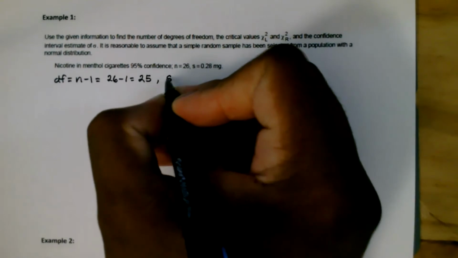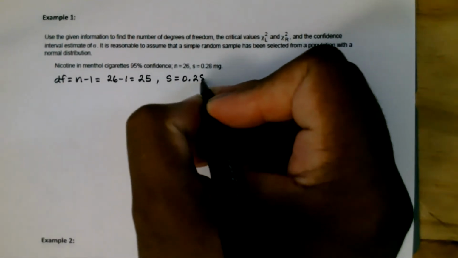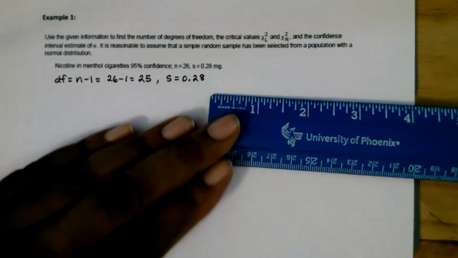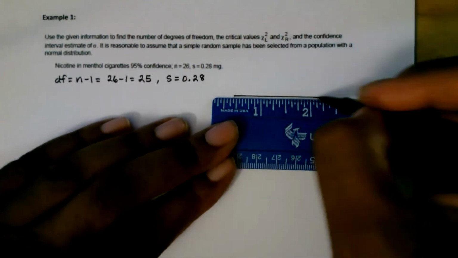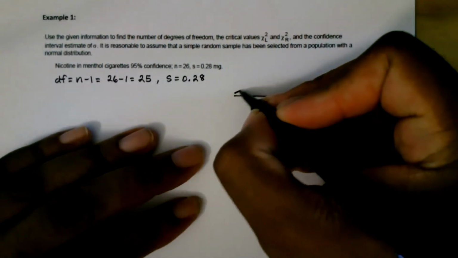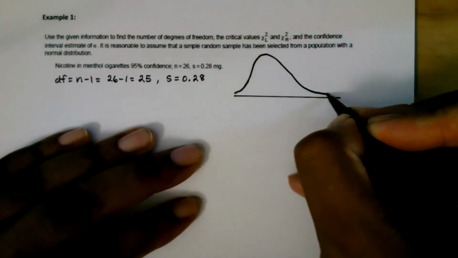And also our sample standard deviation is 0.28 milligrams. Now on the right side, I'm going to draw a chi-square curve. It looks like this.